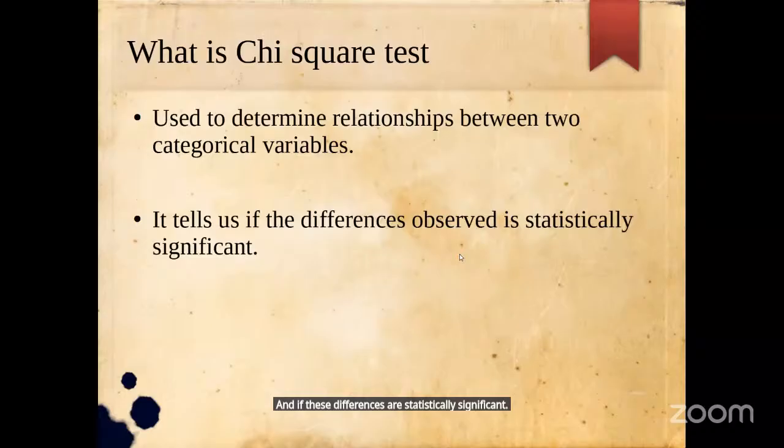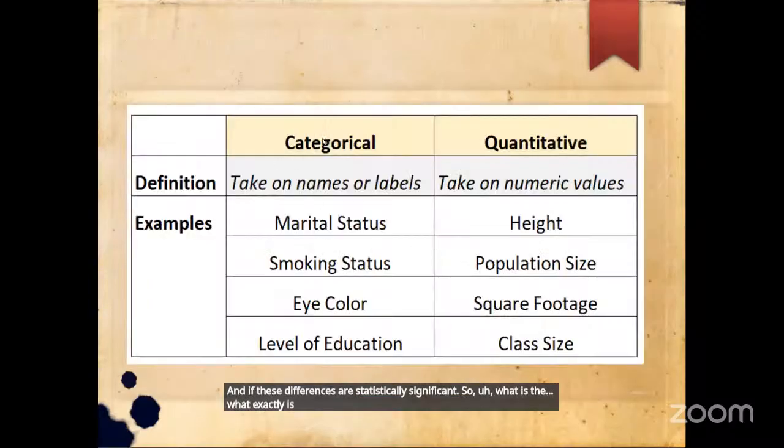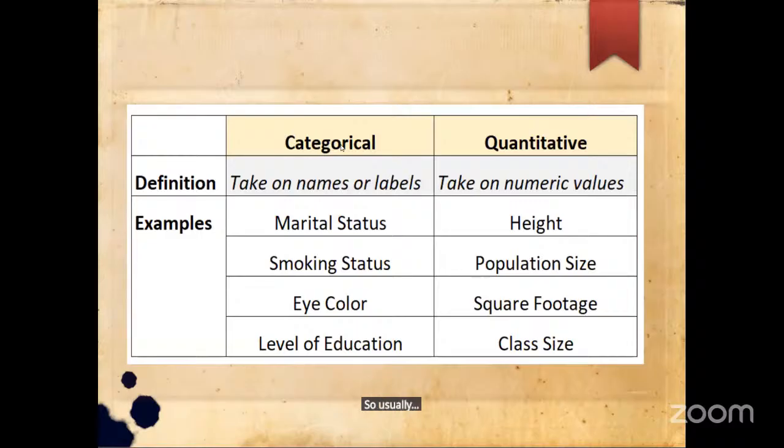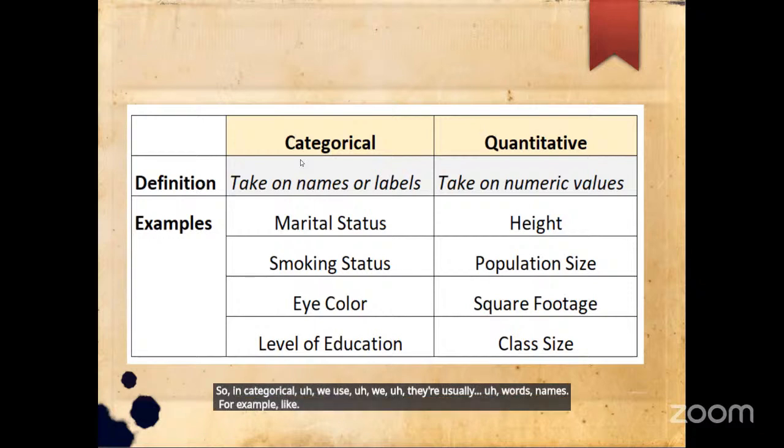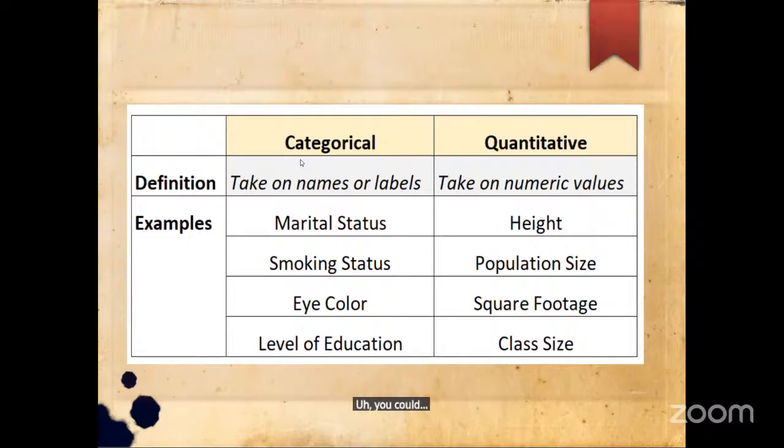So what exactly is categorical? We have two types: categorical or quantitative, which is also known as continuous. Categorical values are usually words or names. For example, marital status: married, single, divorced, or widow. Or smoking status: ex-smoker, smoker, or non-smoker.